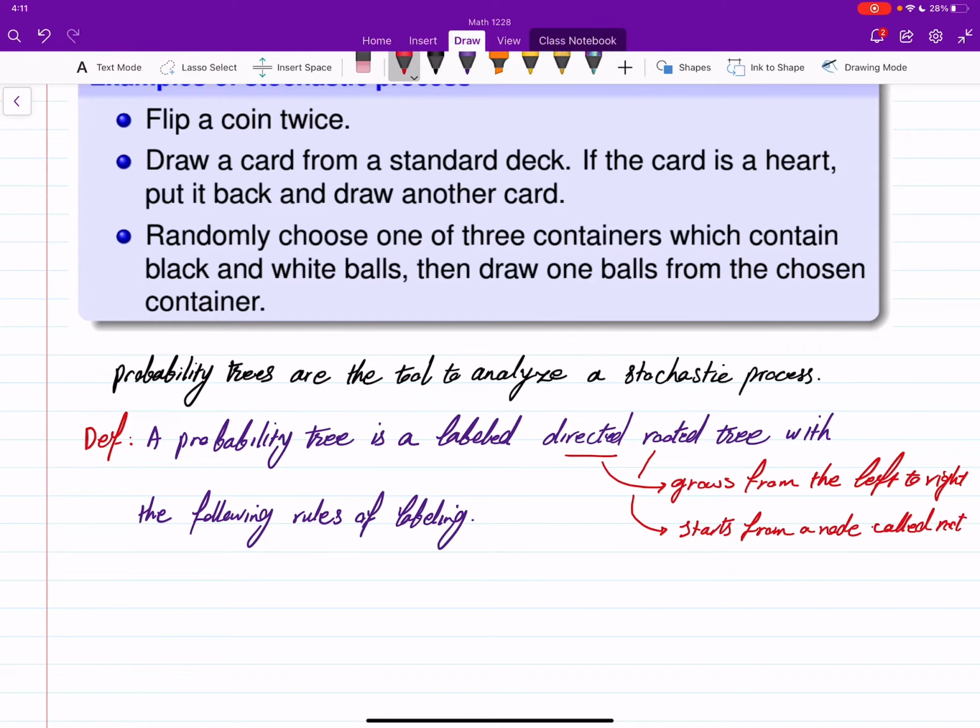So basically the most left one. And being a tree means that every node can be connected to the root through a unique path.